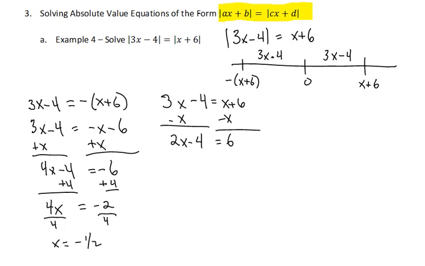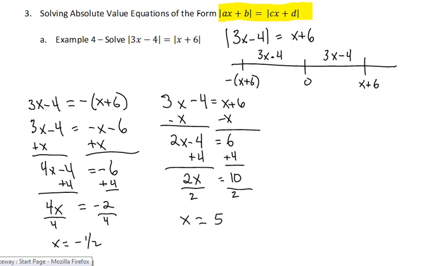That gives me 2x minus 4 is equal to 6. When I add 4 to both sides, I end up with 2x is equal to 10. Divide both sides by 2, and I get x is equal to 5. Right, so those are my two values of x that should make this a true statement.